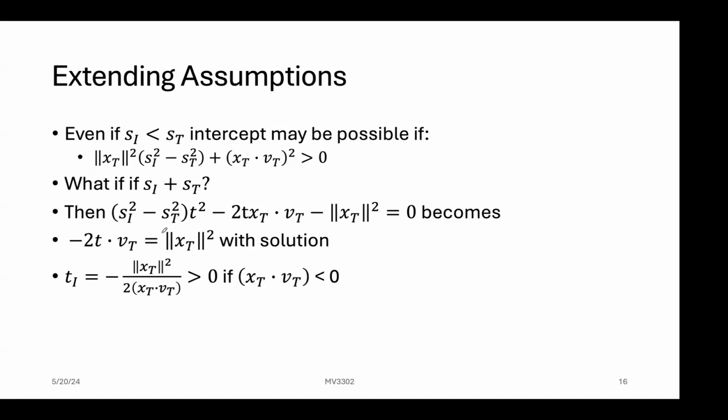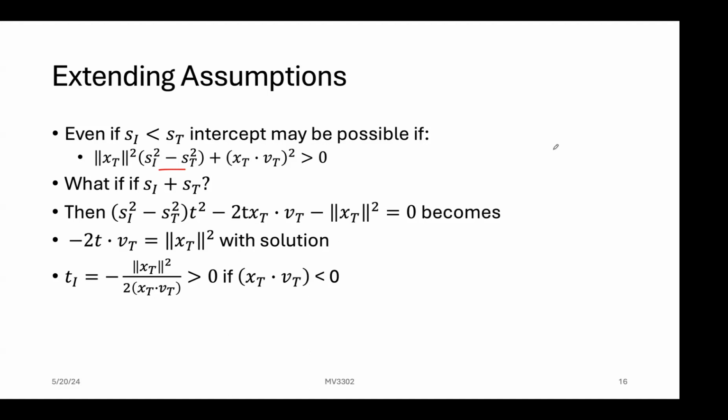Now let's look at some assumptions. Even if we're slower than the target, as long as that determinant is positive, we still could do it. Notice that if we're slower, then this quantity is negative, which means we could get a negative thing. If this whole thing is negative, then it's not going to be possible.